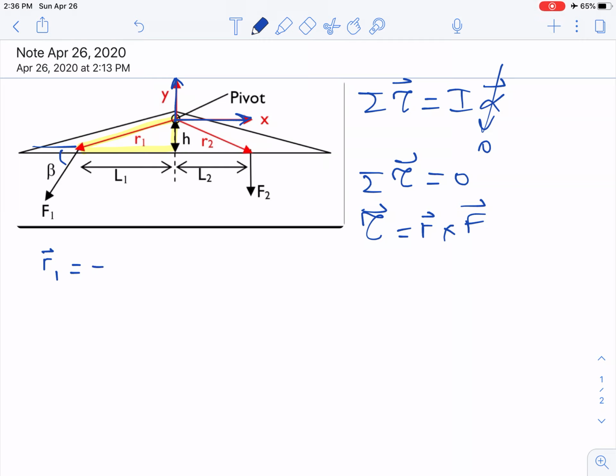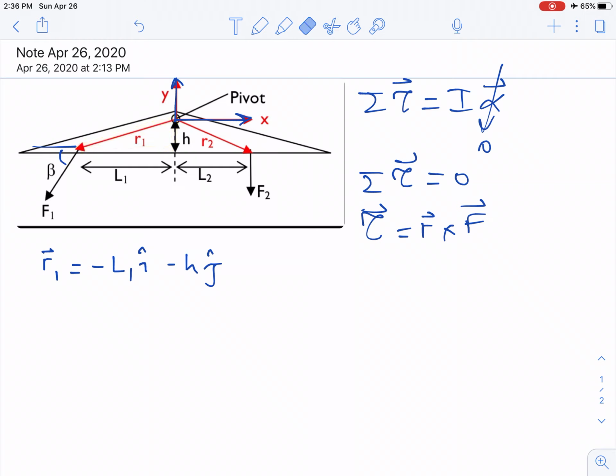L1 is along the X direction, so it's going to be negative L1 i hat, and negative H j hat. If you have trouble seeing any of those, pause the video and double check it. I hope this is clear. I'm writing R1 in unit vector notation using its components, using the triangle that I see there.